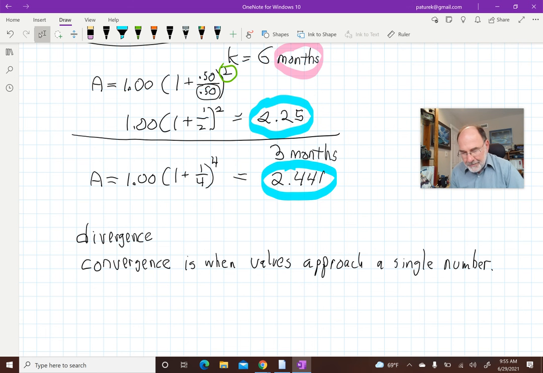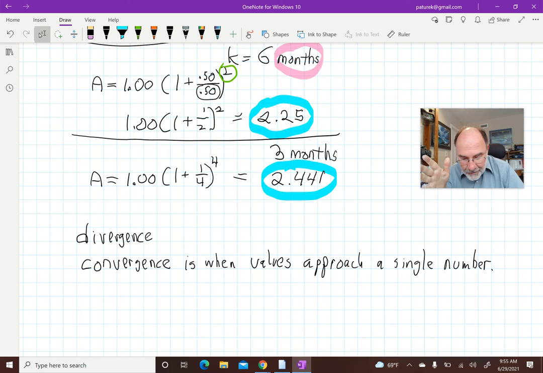annual, then 6 months, then 3 months, do it monthly, 12 months in a year. Do it daily, 365 days in a year. Don't bother with the leap year stuff. Then do it for the number of hours, the number of minutes, the number of seconds. Every time you do that, the number will change by a smaller and smaller amount.